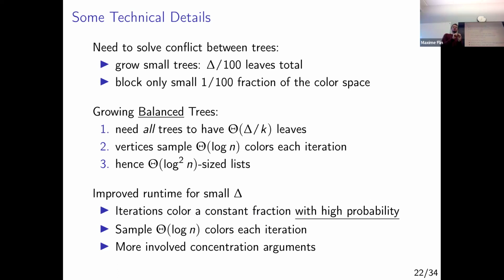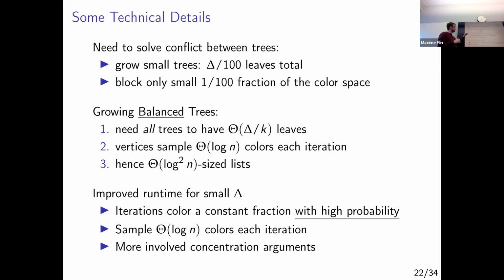So if you have one tree that has a lot of leaves, and the other trees have much fewer, you just have this one vertex that's very likely to get colored, but not everybody is likely to get colored. You need all the trees to have roughly delta over k leaves. It needs to be balanced.